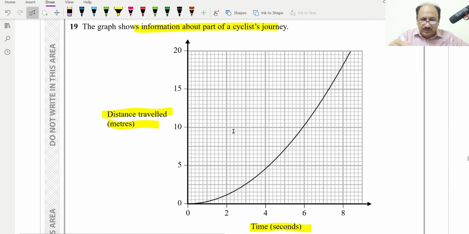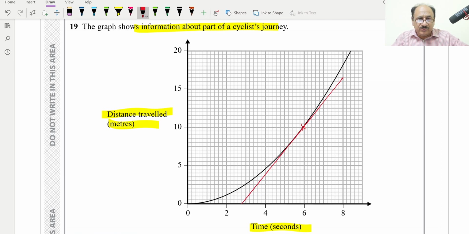So 6 seconds will be over here, and that is basically this point. So we have to draw the gradient. We have to draw the line and find the gradient at this point. We can draw the gradient like this, as a line touching the point at time t equal to 6.